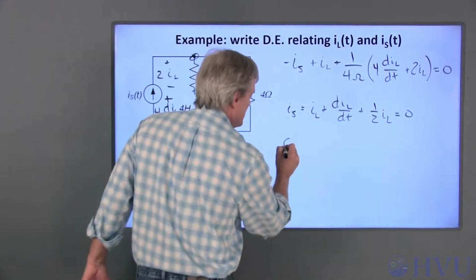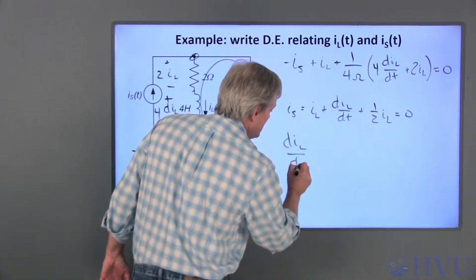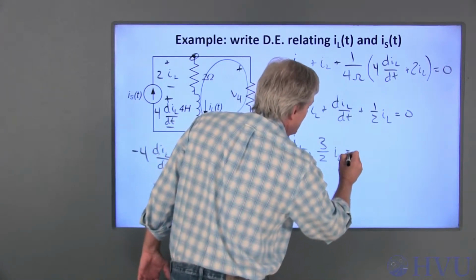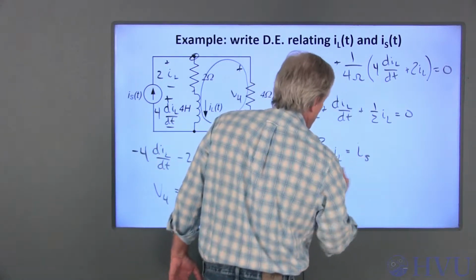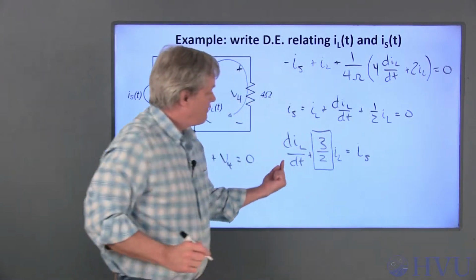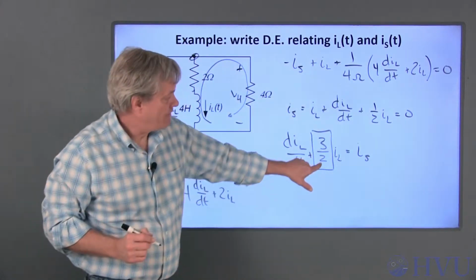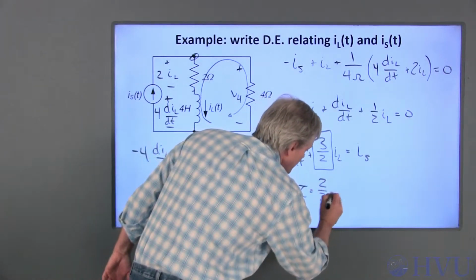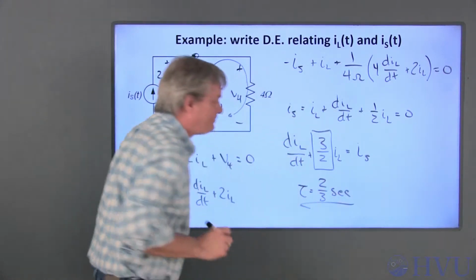So this equation becomes dIL/dt plus 3/2 IL is equal to Is. Since I have a 1 multiplying the highest order derivative, this term is 1 over tau, so tau is equal to 2/3 of a second.